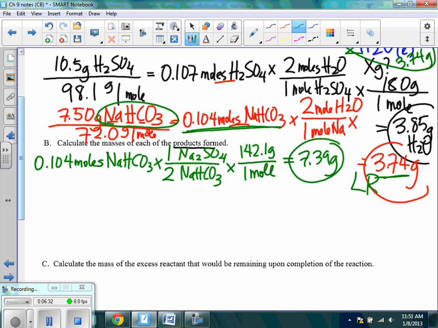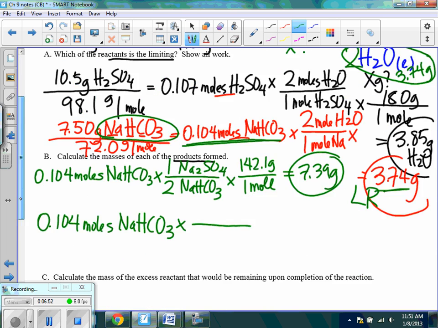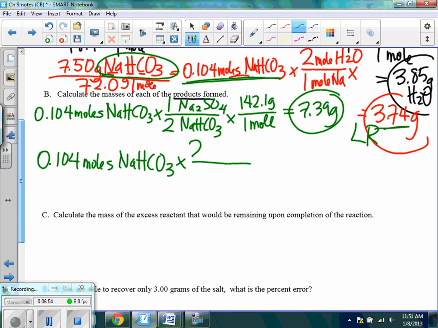Go back to my limiting reactant again, 0.104 moles. So I'm always going back to my limiting reactant times unknown over known. So my other product that I don't know is now my carbon dioxide. I don't know what that is. I can see my mole ratio is 2 to 2, so my moles are actually going to be the same.